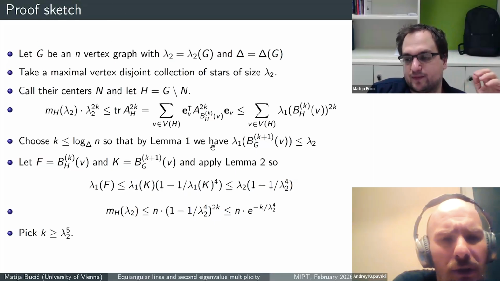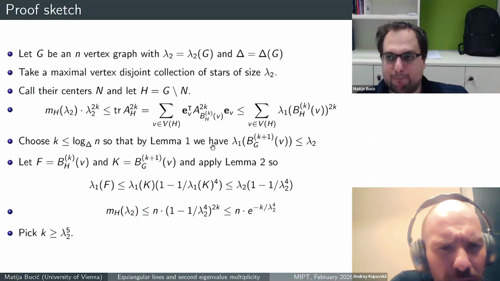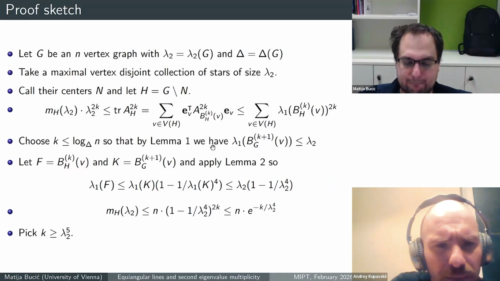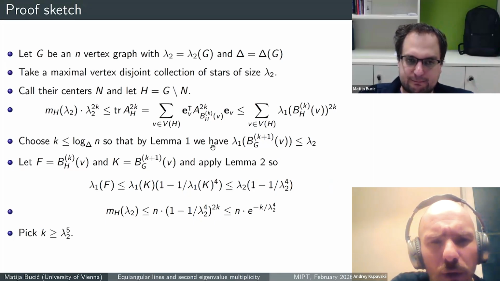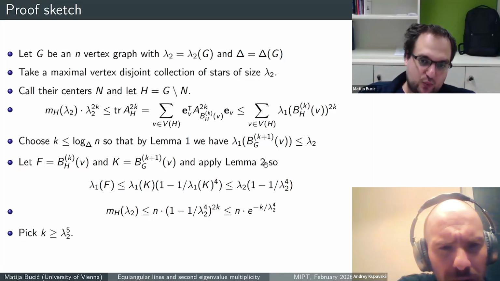Matija, can I ask? One thing I didn't quite understand here is, how are we using the fact that in H we deleted all stars of size lambda, well, a maximal collection of stars of size lambda 2, so that in F all the degrees are small?